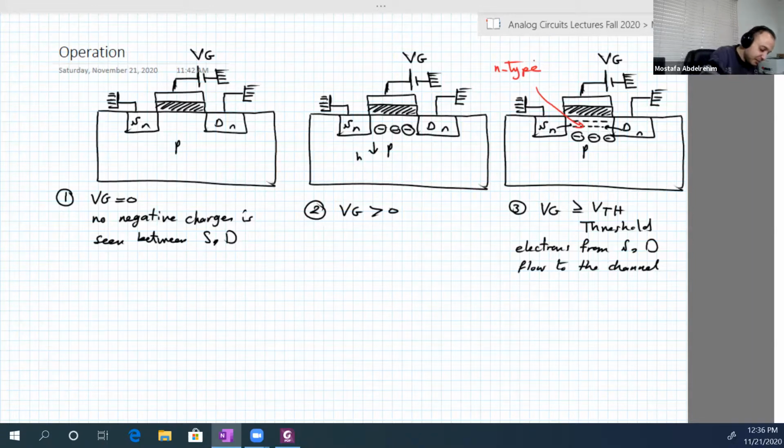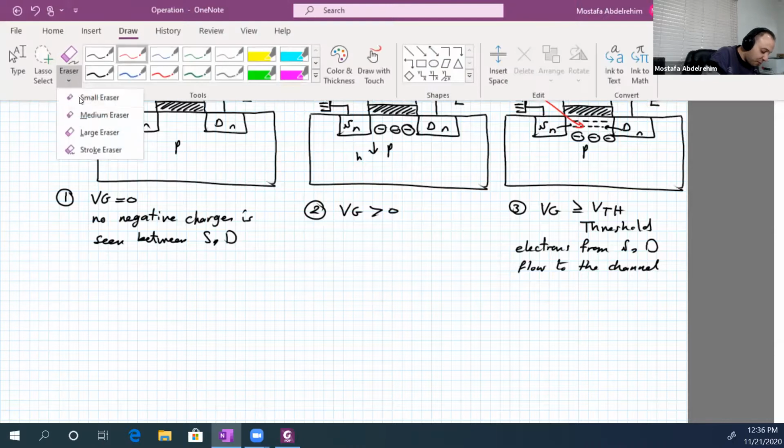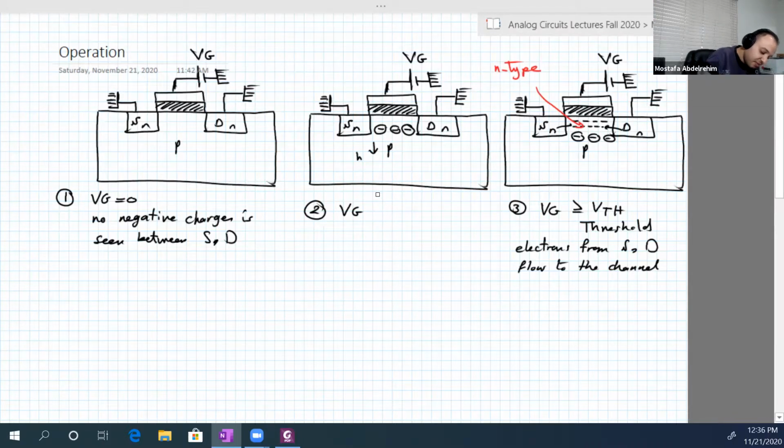So here, let's be more formal now. Here Vg is larger than 0, yes, but less than V threshold. So just negative ions between the drain and the source.